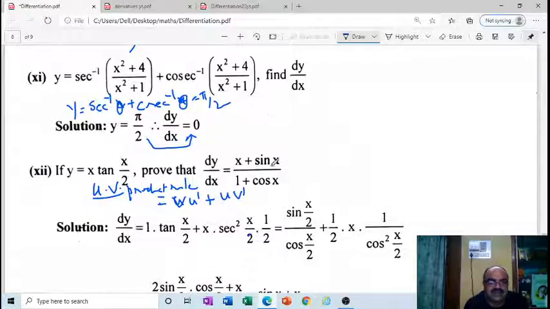So what is the final answer? Tan x by 2 plus x into secant square x by 2 into half. This can be said as, tan can be written as sin x by 2 by cos x by 2, plus half into x into 1 by cos square x by 2.